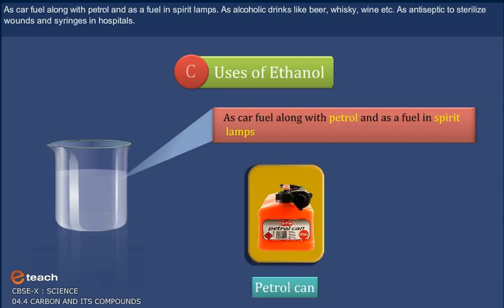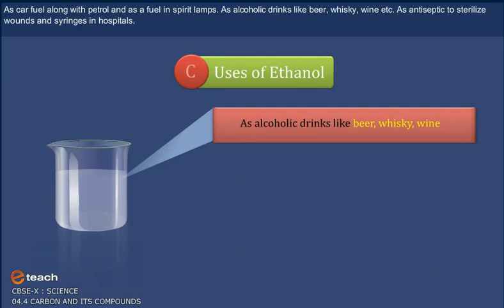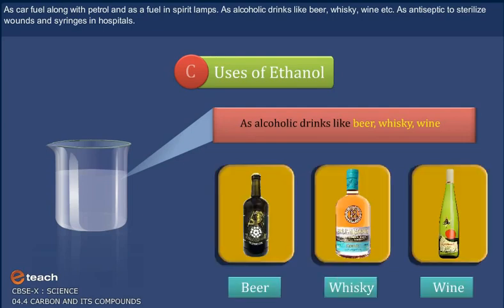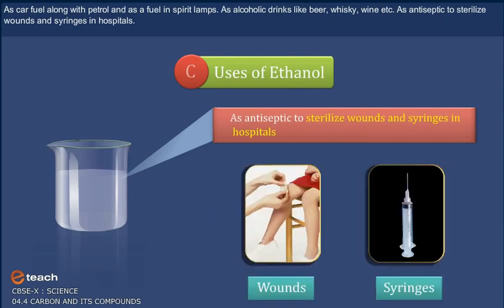As car fuel along with petrol and as a fuel in spirit lamps. As alcoholic drinks like beer, whiskey, wine, etc. As an antiseptic to sterilize wounds and syringes in hospitals.